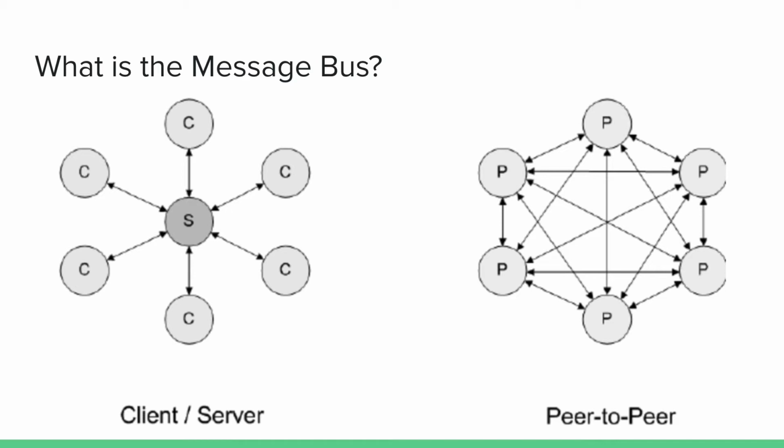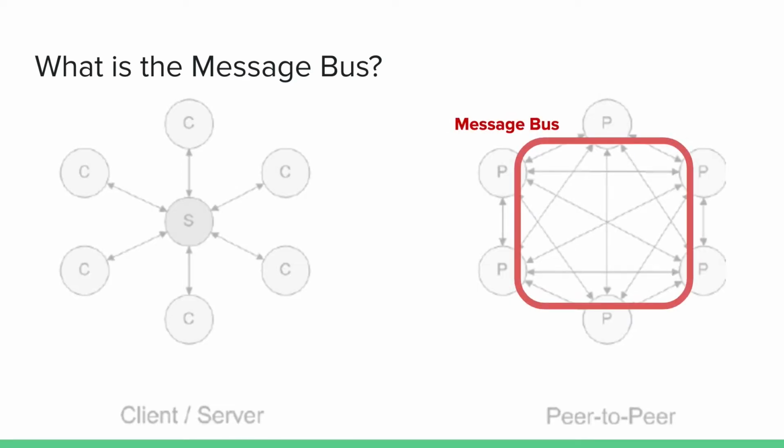The other way would be to have a peer-to-peer network. In that case, all peers connect to each other to let each other know what changes happened. The message bus focuses on the second one, the peer-to-peer network. It's basically an abstraction of the communication between all peers in the same scene.